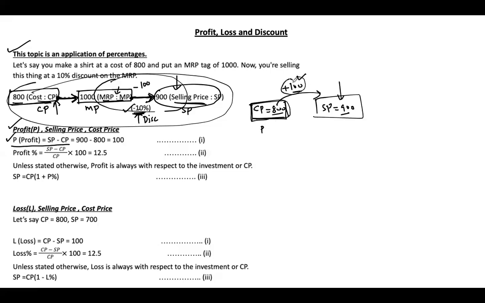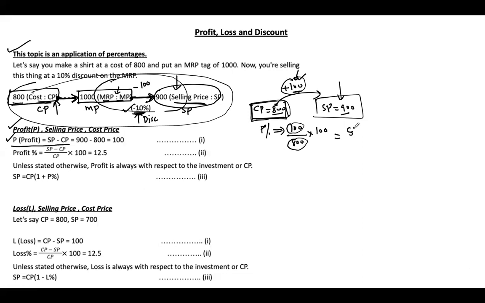Similarly, profit, this was value. And asking with respect to percentages, what was the percentage increase or what was your profit percentage? So you would do profit with respect to whatever your investment was, which was 800, into 100, which is nothing but profit upon cost price.